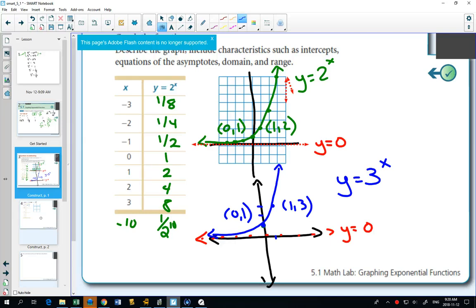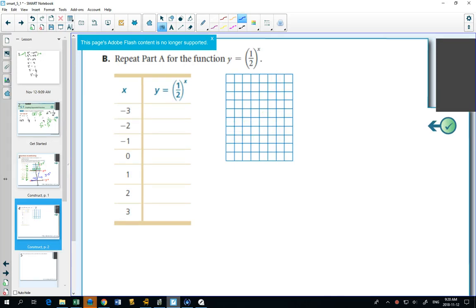What's going to happen when you have a half? Would you agree that when you plug in 0, you're still going to get 1? What's going to happen now when you plug in 1? You're going to get 1/2. Now, technically, this is enough to graph this completely. I have 0, 1 and 1, 1/2. And instead of a function swooping up, we're going to find out that this one swoops down.